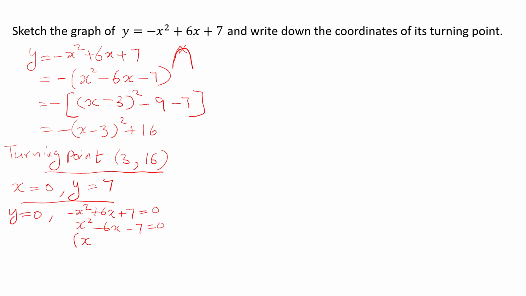If you multiply two numbers, you get negative 7, and if you add them, you get negative 6. So negative 7 and positive 1. Negative 7 times positive 1 is negative 7, and negative 7 plus 1 is negative 6. So the roots are x equals 7 and x equals minus 1.